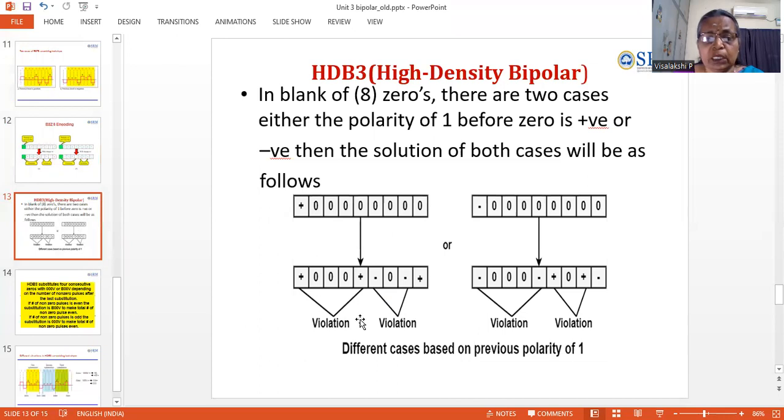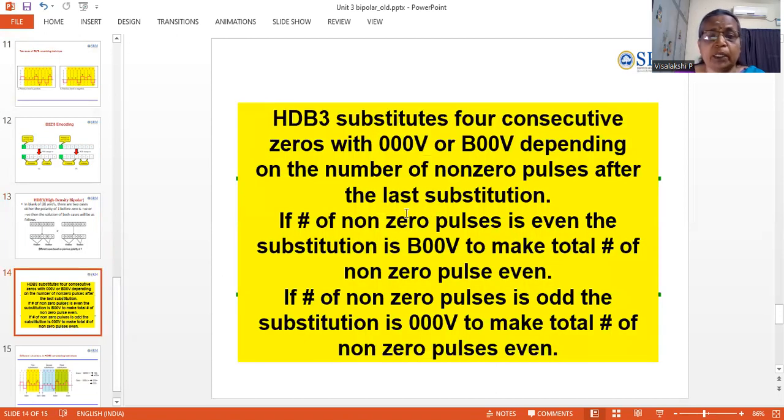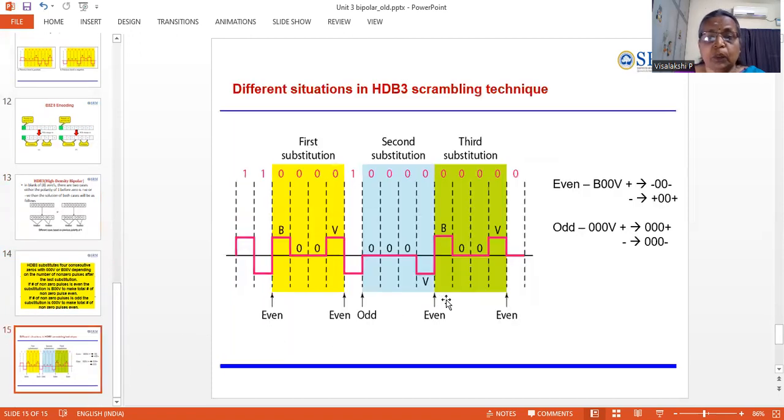So based on this, if the previous position of the 0 bit is plus, it goes to the violation, and this is also a violation. If it is negative, this 0 will take the previous bit value, and we have two patterns that we are following. Based on it, it is replaced with 0.